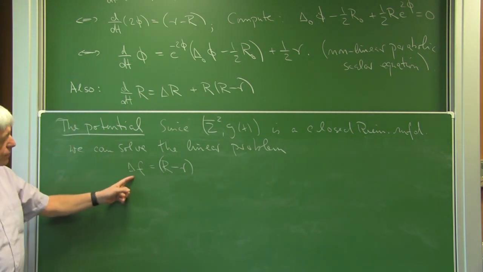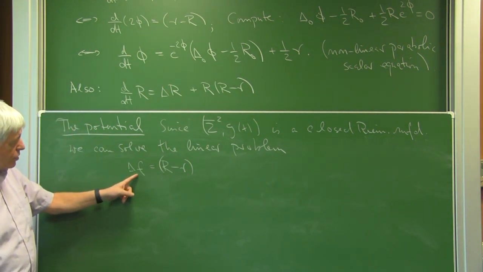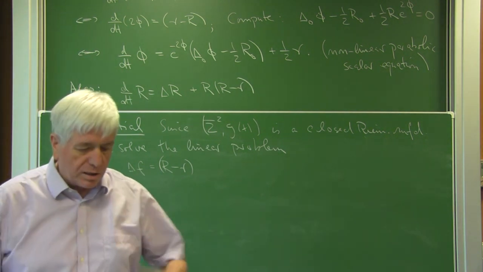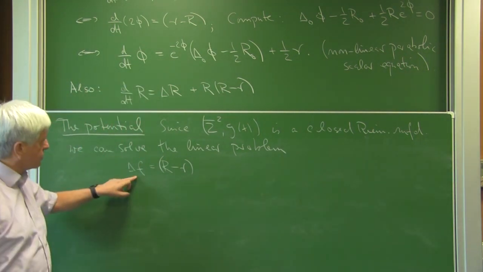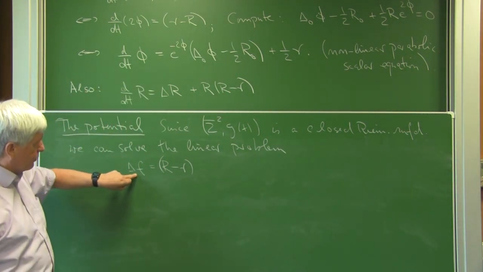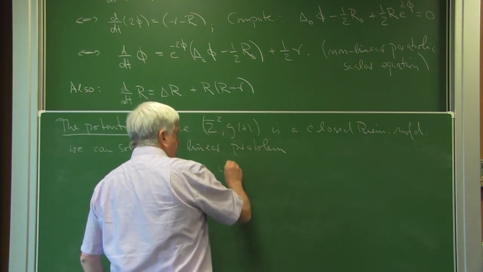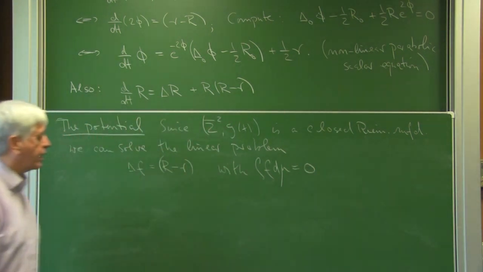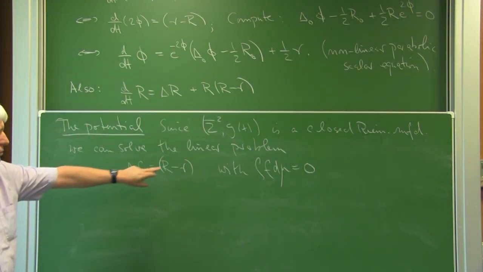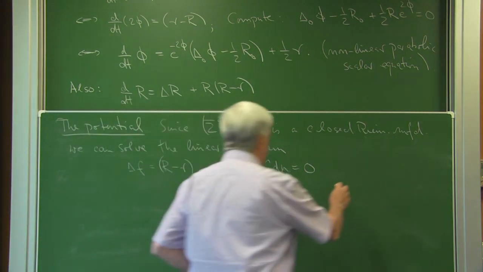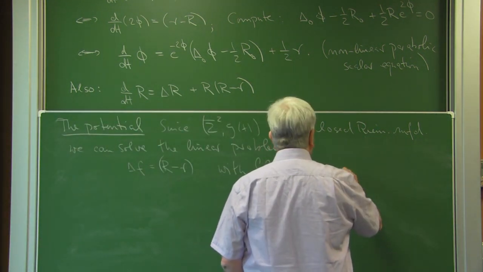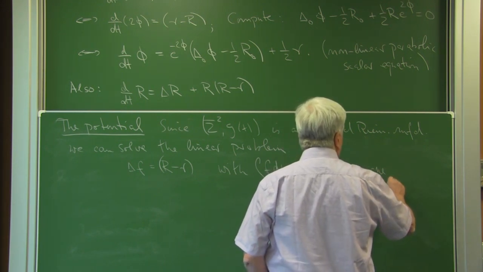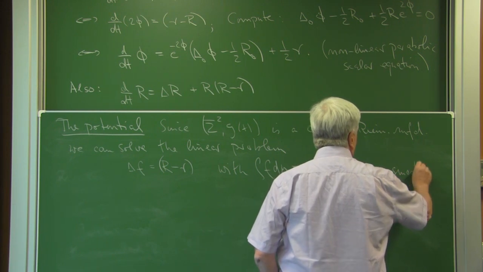We can uniquely solve this provided we fix the volume of f, because this operator has a one-dimensional kernel, which is exactly the constant functions. So to get rid of the constant functions, we have to fix the volume of f, and we just, of course, take the simplest way and ask that the integral is 0, and then we get a unique, smooth solution f.